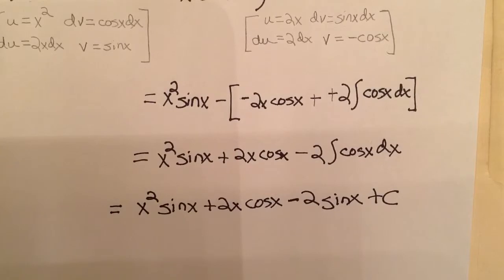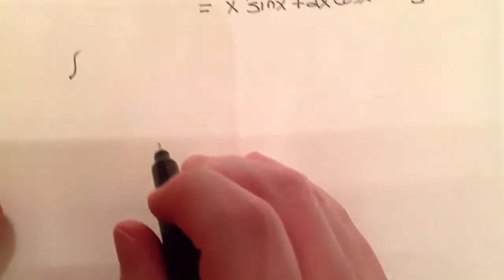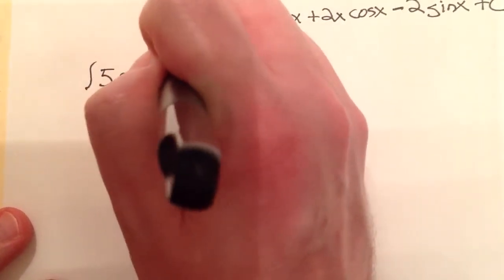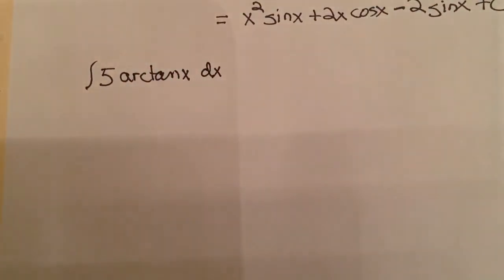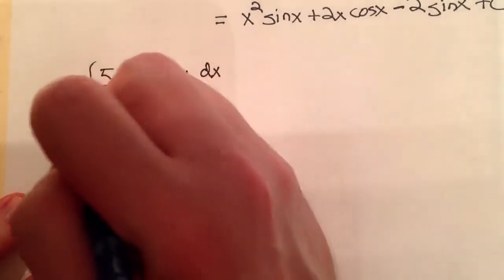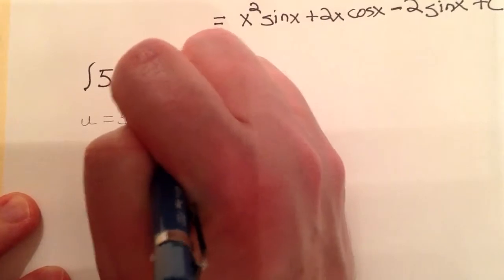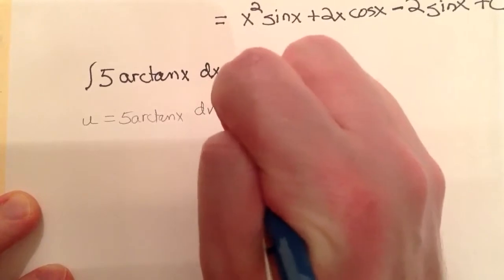Now, in the case of item number 7, a little bit of a trick one here, not too bad, however. In this problem, we are now looking at the integral of 5 times the arctangent of x dx, and for this one, we can set u equal to 5 times the arctangent of x, and then we can set dv equal to dx.